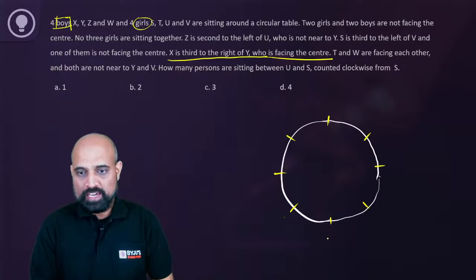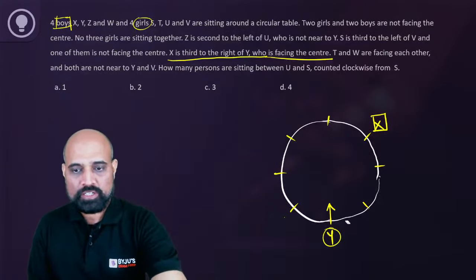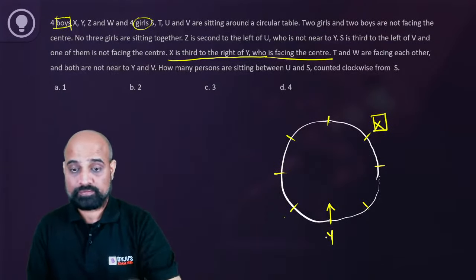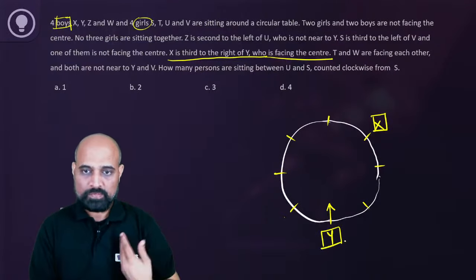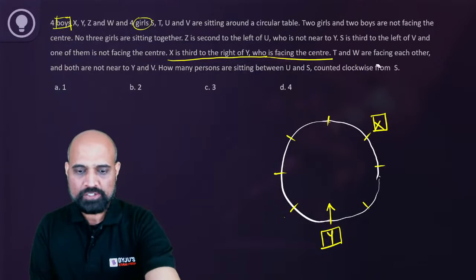So we have a Y who is facing the center, and X is third to the right of Y, first, second, third. This is where X is, and X is a boy, Y is a girl. No, Y is also a boy. T and W are facing each other. नहीं, X और Y कहीं और है.